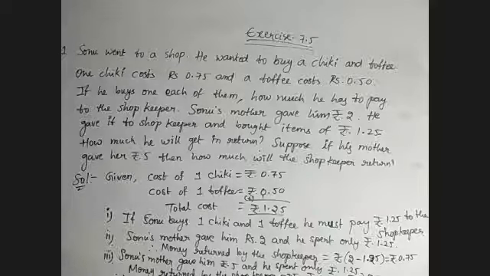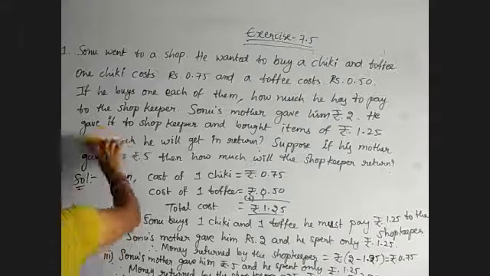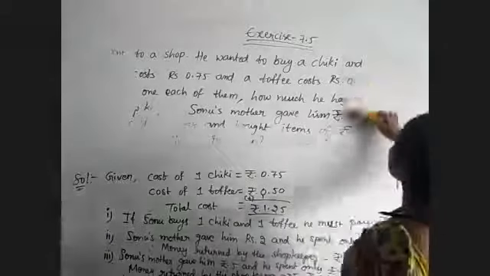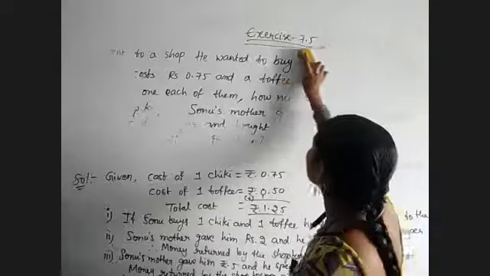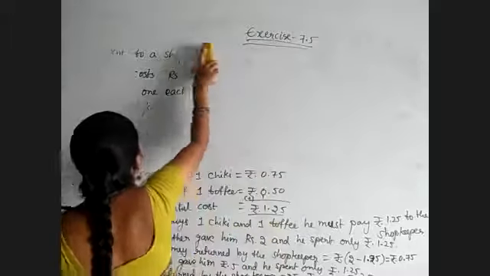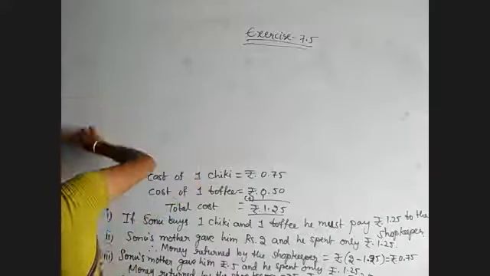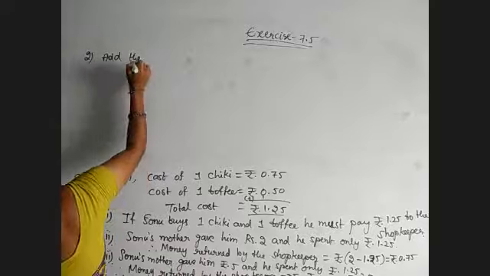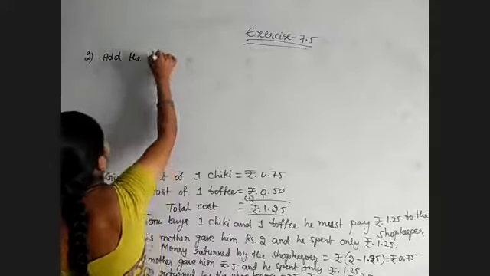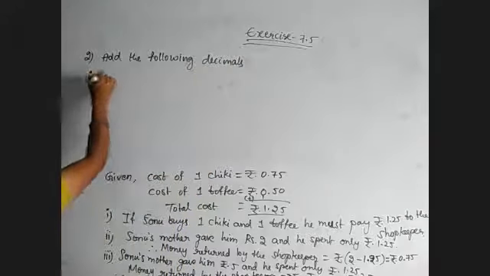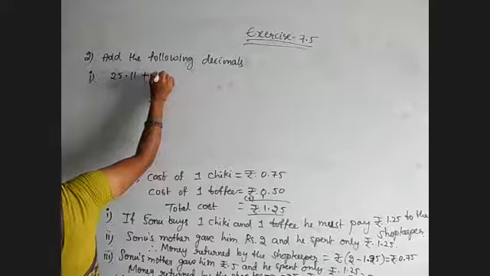Now coming to the next question. Add the following decimals. Here the first problem given is 25.11 plus 3.80.